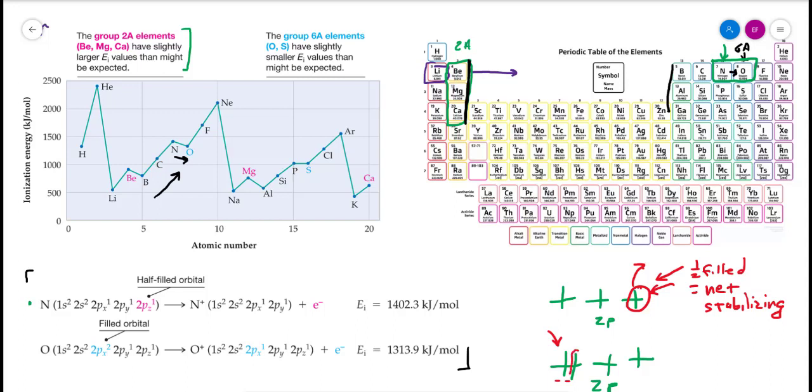Meaning getting rid of one of these is actually going to be pretty good for two reasons. One, you're going to get rid of that repulsive force, and two, you're going to re-achieve the half-filled set that we know to be stable. And so if we look at the ionization energies, that's reflected, right? It takes more energy to remove an electron from an already half-filled set than it would take to remove an electron from oxygen, which would actually arrive at a half-filled set.